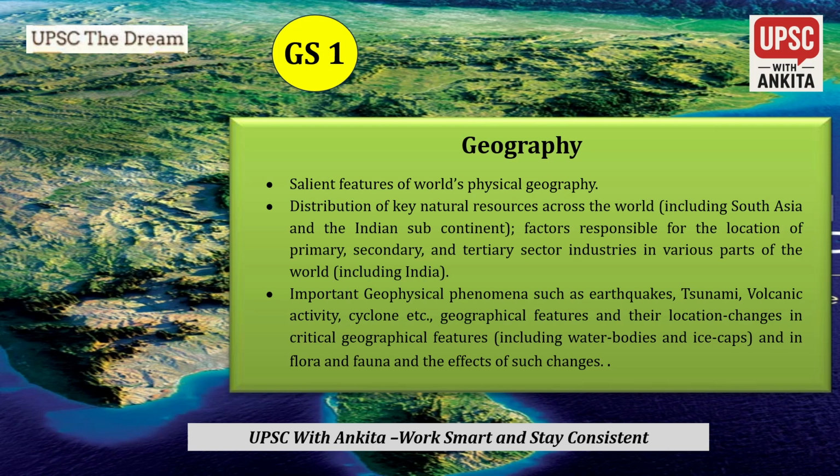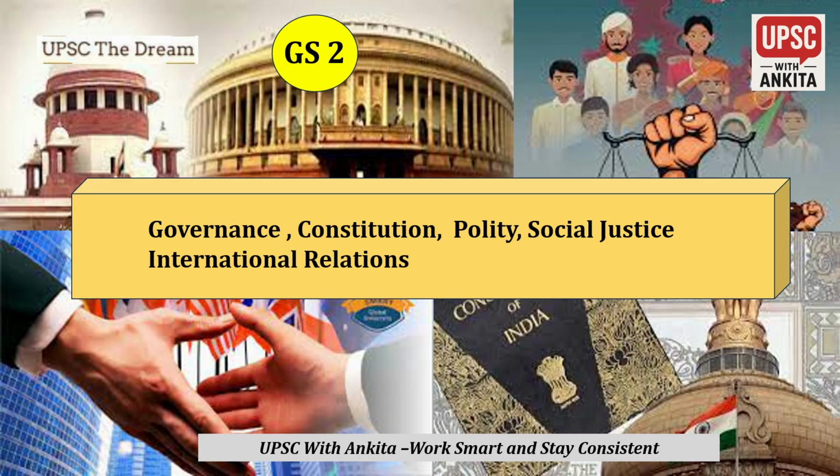Geographical features and their location, changes in critical geographical features, including the water bodies and ice cap, and in flora and fauna and the effects of such changes. So that's all about the GS paper 1.